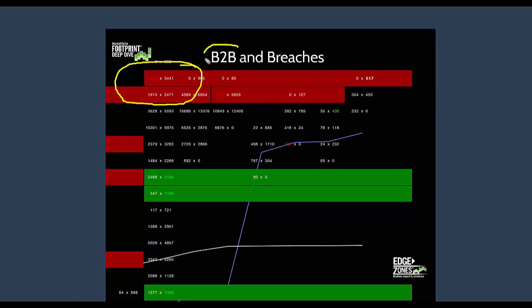But when I say B2B, it's transition. It stands for either bullish to bearish or bearish to bullish. In this case, in this image, because the market ran up like that, it's bearish to bullish at some point, right? And it starts breaching these resistance areas, these edge zones.